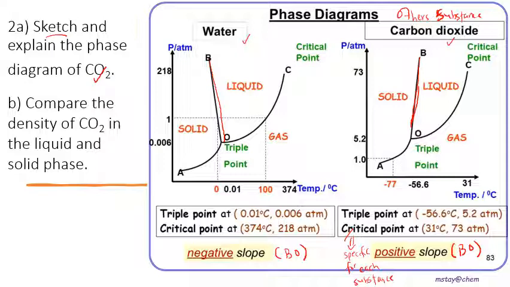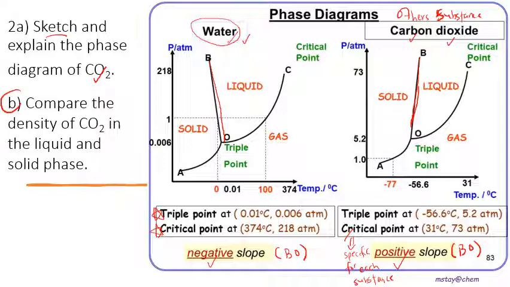As usual, the triple point and the critical point are specific for each substance. So remember the triple point and critical point for water and carbon dioxide. But for the shape of the phase diagram, the BO line for water is a negative slope, while the BO line for carbon dioxide and other substances will be a positive slope.